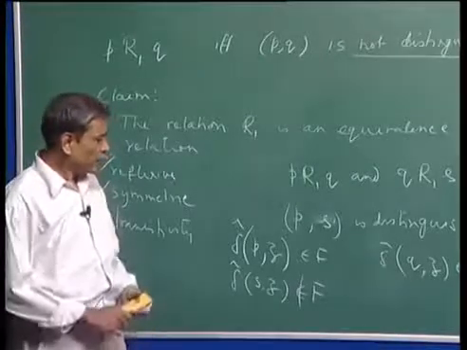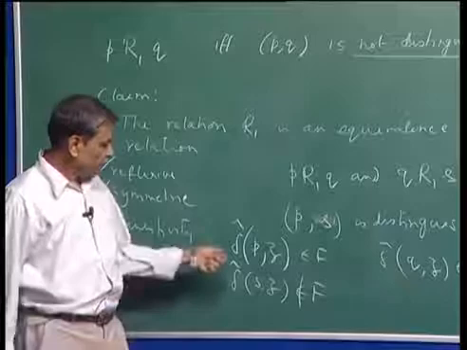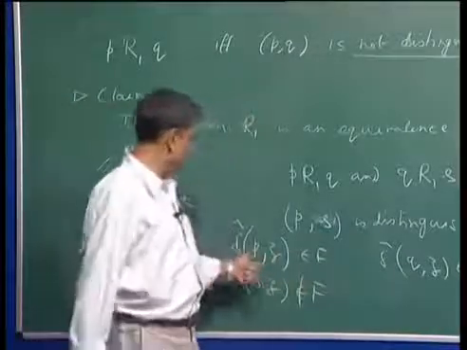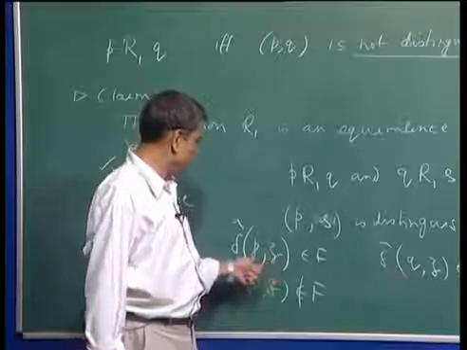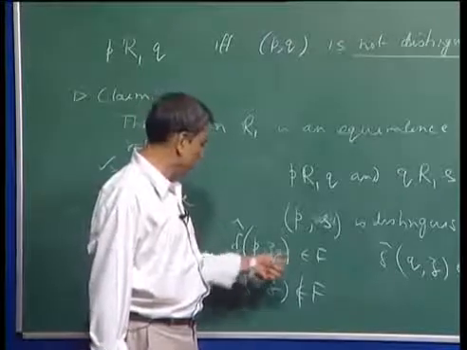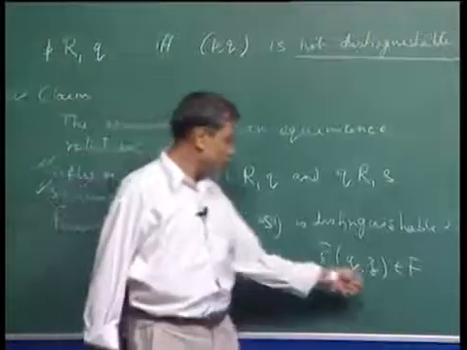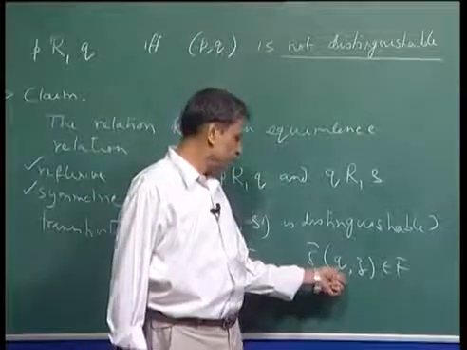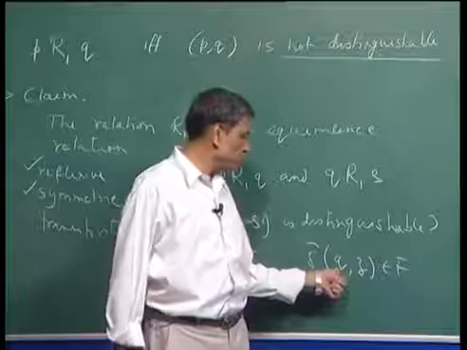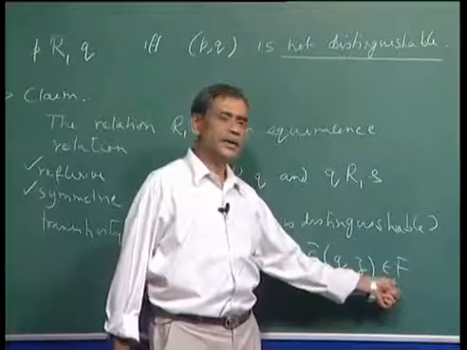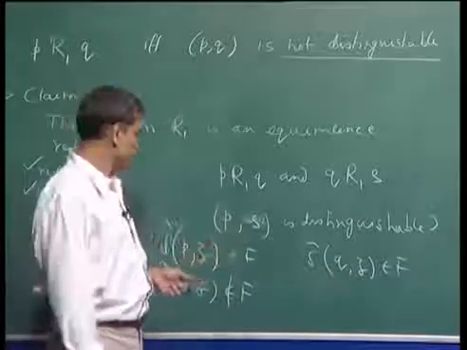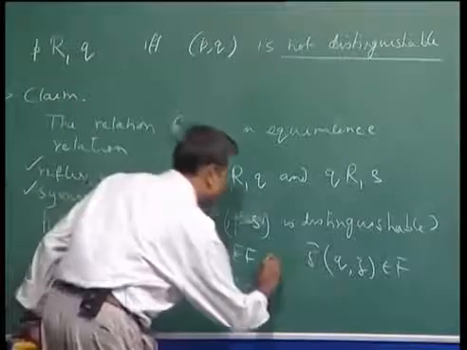Why? Because suppose this is not true, that Pz takes the machine from P to a final state and that same z takes the machine from the state Q to a non-final state. In that case, the pair PQ would have been distinguishable.